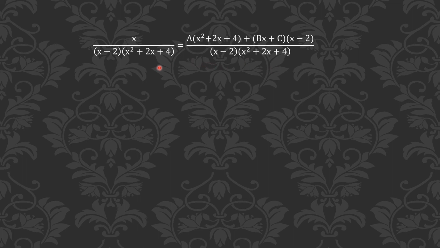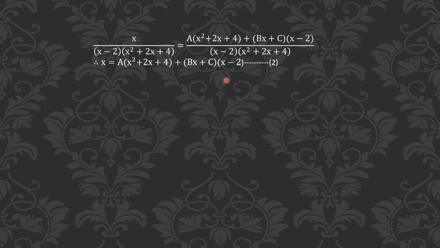Now look, the denominator on the left hand side and right hand side of the equation are same, so they will get cancelled, and then we'll get the equation 2 as x equal to a into (x square plus 2x plus 4) plus (bx plus c), keep this term bx plus c in one bracket, into (x minus 2). Now we want to find the values of a, b and c, so we must substitute some values for x.